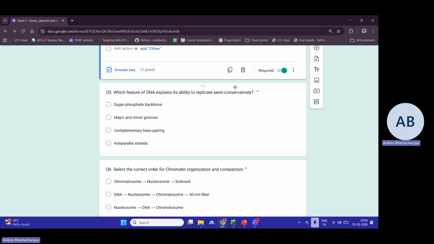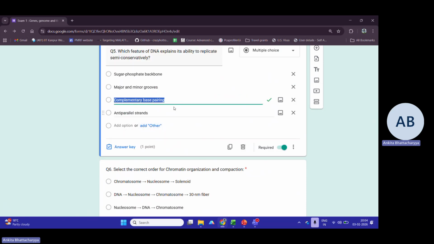So, the semi-conservative mode of DNA replication is actually validated or supported by which of these features? The sugar phosphate backbone, no. Major minor grooves, no. Complementary base pairing, possibly yes. And anti-parallel strands. So the correct answer in this case is complementary base pairing. So because there is complementarity between the two bases, therefore semi-conservative mode of DNA replication actually works.